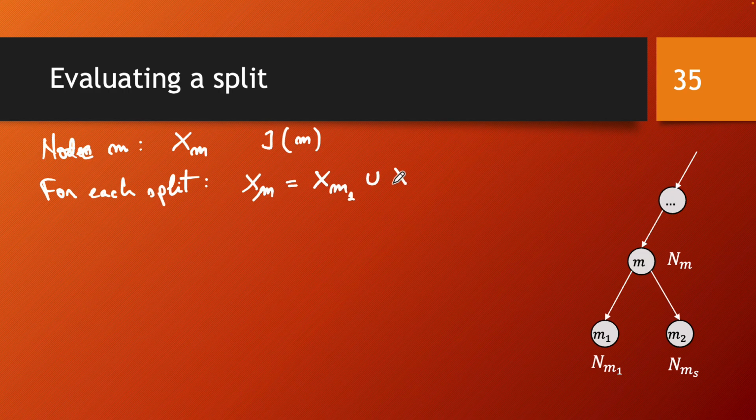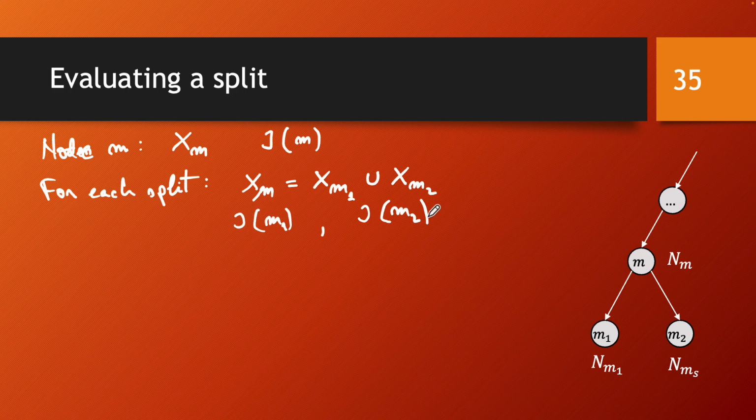If not, you can have more branches. And you can calculate the impurity in node M1. And you're going to calculate the impurity in node M2.